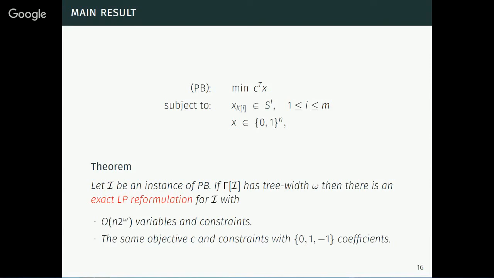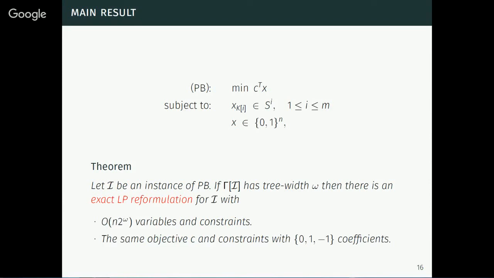So it's very surprising that it is a small LP, and the other important or weird thing is that it doesn't depend on M. That confuses a lot of people. A lot of people think that M is hidden in the tree width somehow, but it's not necessarily the case, because you can fix a tree width and make up exponentially many constraints while keeping that tree width untouched.